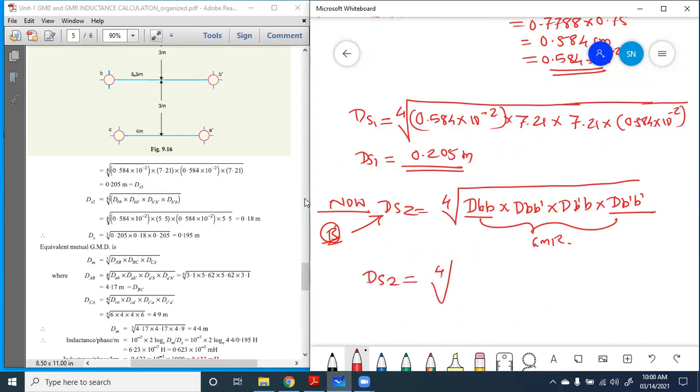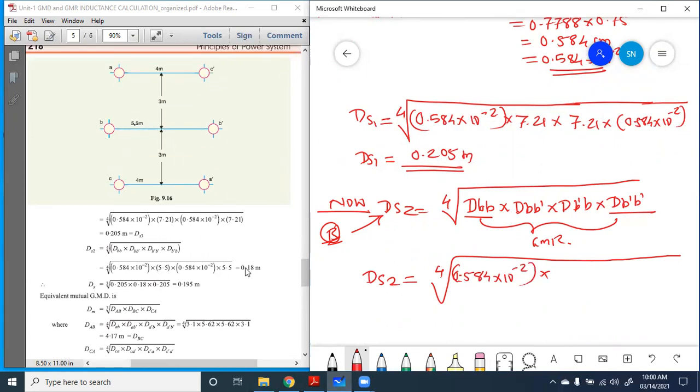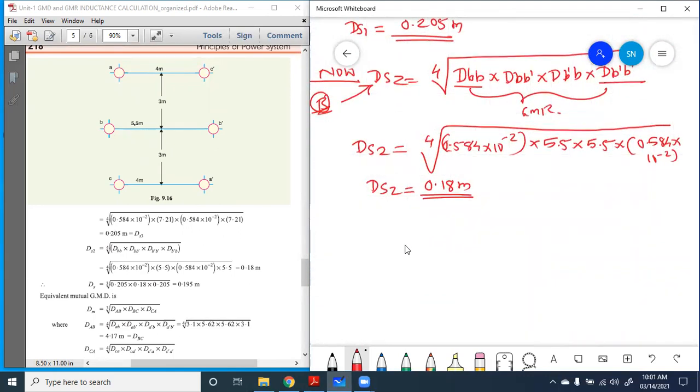GMR is already calculated, because the radius of each conductor is the same: 0.584 into 10 raised to the power minus 2, into the distance between B and B', which is already given in the figure. After observing the figure, the distance is 5.5, into 5.5, into again GMR 0.584 into 10 raised to the power minus 2. Ds2 is equal to 0.18 meter, directly from the calculator.